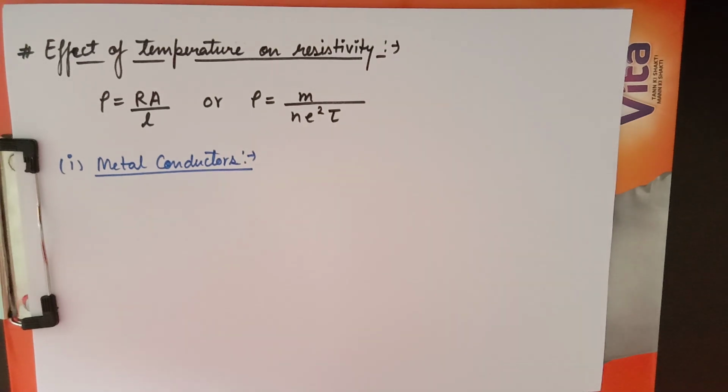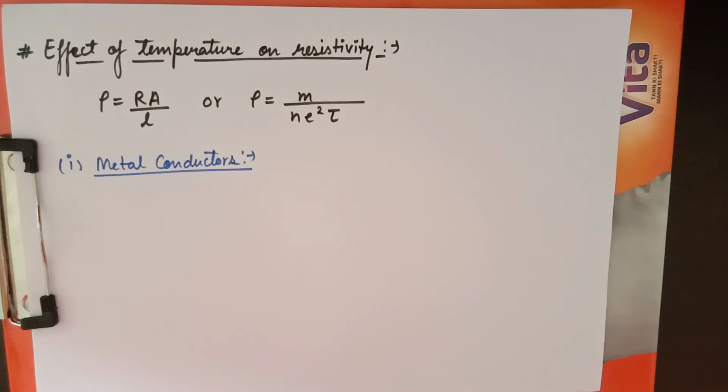So if in a metallic conductor the temperature rises, then resistivity increases. We can understand it in the following way. If in a metallic conductor the temperature increases, then due to the temperature increase, the velocity of charge carriers also increases.